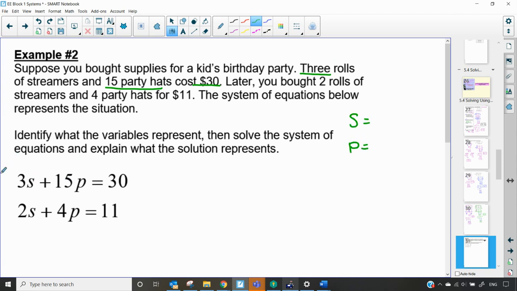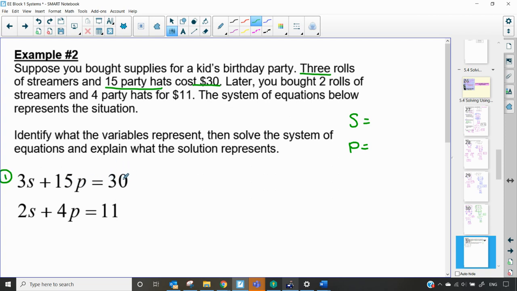And if we look at the first equation here, we have 3S plus 15P equals 30. So this 3, the 15, and the 30 must have come from somewhere in the question. So if we look up here, we have 3 rolls of streamers, 15 party hats cost $30. So if you notice here, we've got 3 rolls times S plus 15 party hats times P costs $30.